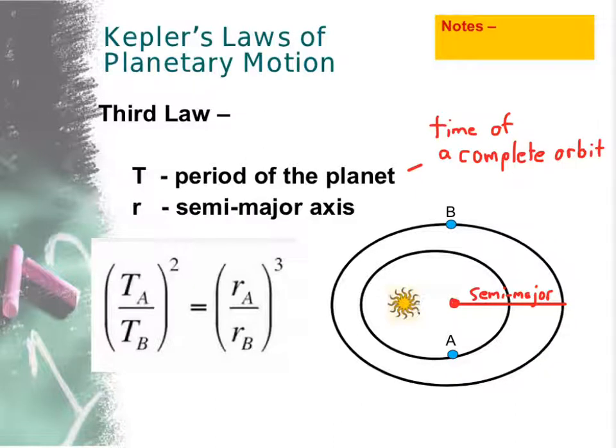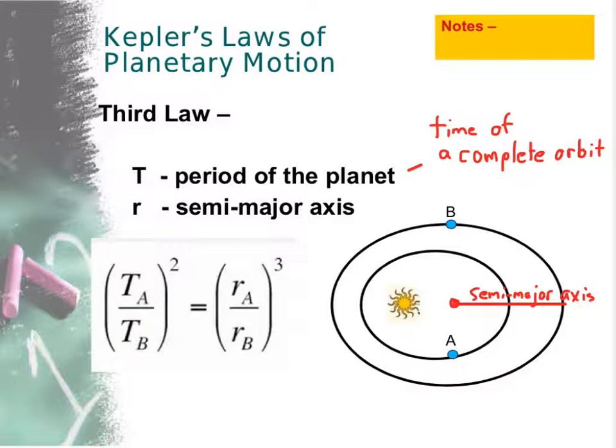So if you take the length of that semi-major axis and find the cube of it, and then you have another planet, planet B, and you take its semi-major axis, well, the ratio of those two semi-major axes cubed is equal to the ratio of the squares of the periods of the two planets.